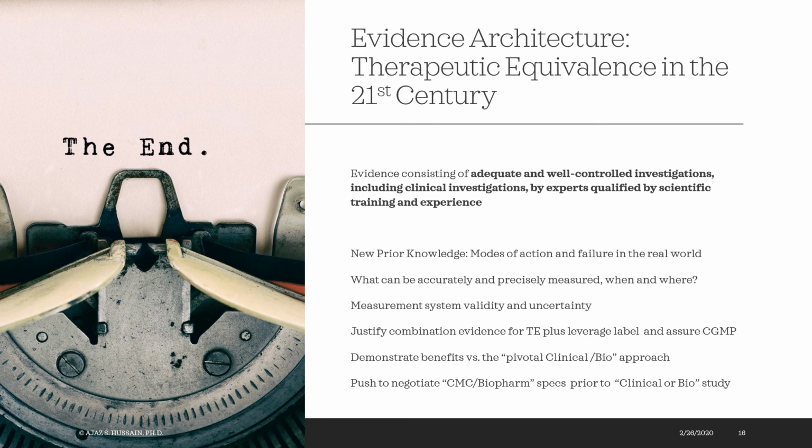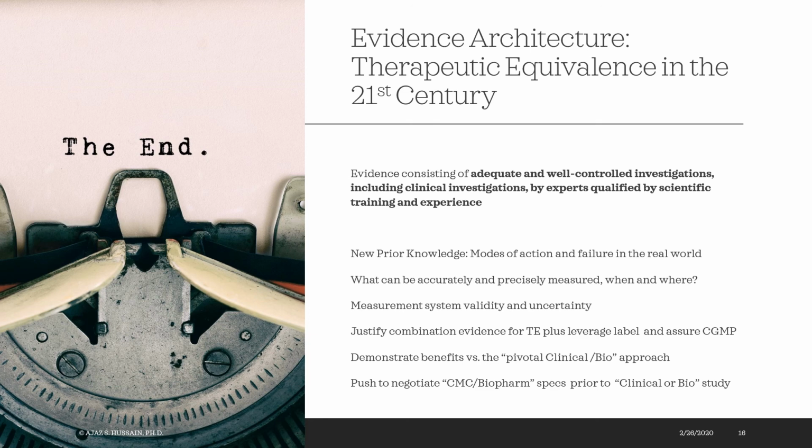Plus, we have to leverage the label, especially for 505(b)(2) application, and we have to assure CGMP compliance so that negative adverse regulatory outcomes such as warning letters and import alerts do not erode assurance of quality, because who makes the medicine I take is pivotal today.